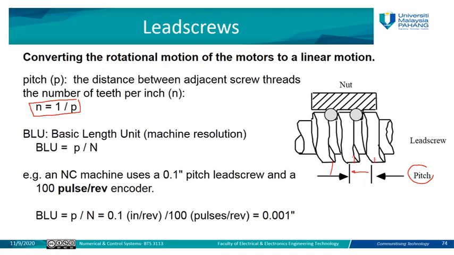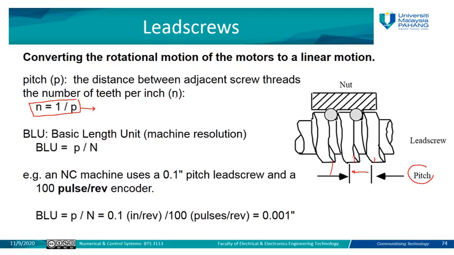The number of teeth or threads per inch, n, is equal to 1 over p. P is the value of the pitch, or the distance between each two of these threads. So this formula is used to calculate the number of teeth per inch, so how many teeth you need to move for 1 inch, for example.